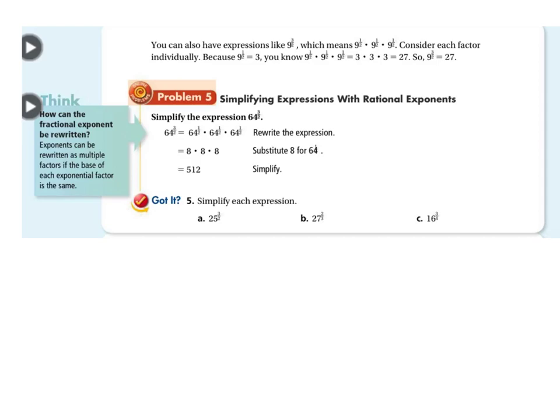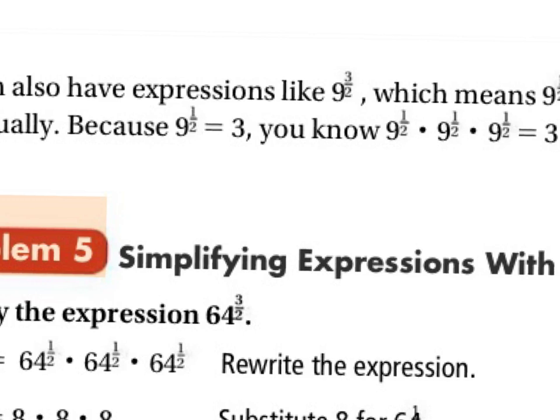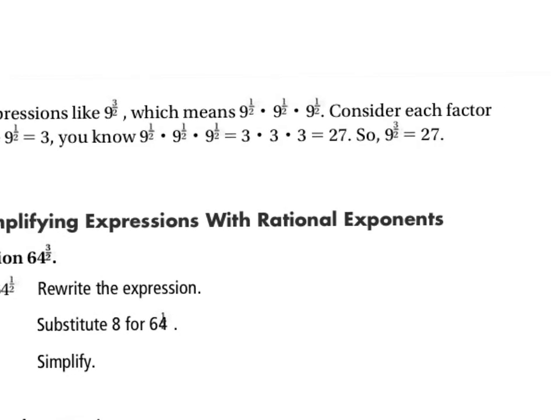So the next part just talks about how we could have something besides a 1 in the numerator. So 9 to the 3/2 would be 9 to the 1/2 times 9 to the 1/2 times 9 to the 1/2, because if you're multiplying like bases, you can add the exponents, as we talked about earlier in this section.